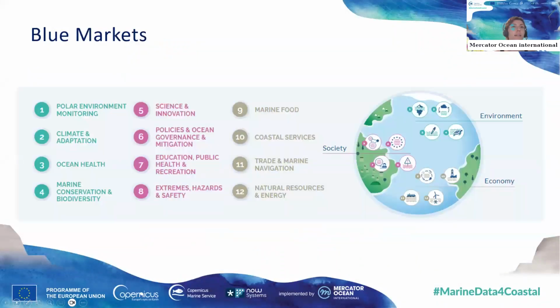So as you can see, we try to reach a bit of everyone, and the data and information that we provide respond to different needs or markets. It goes from science and innovation to coastal services and lots of subjects.